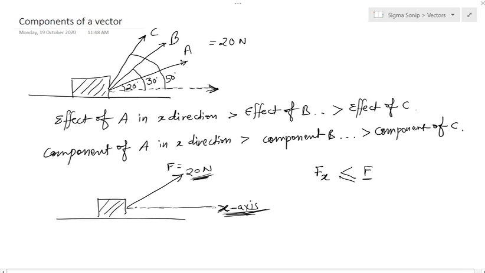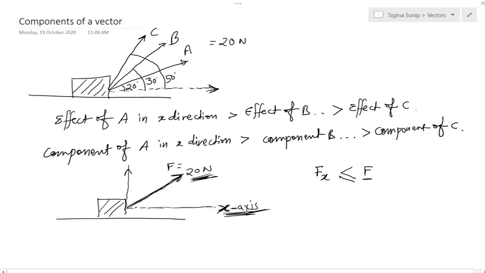Where's the remaining part? We're splitting this force of 20 Newton, taking one part out which is acting along x-axis. So where's the remaining force? Now again, with a little bit of common sense, you will see that this force of 20 Newton will have effect along the y-axis as well.